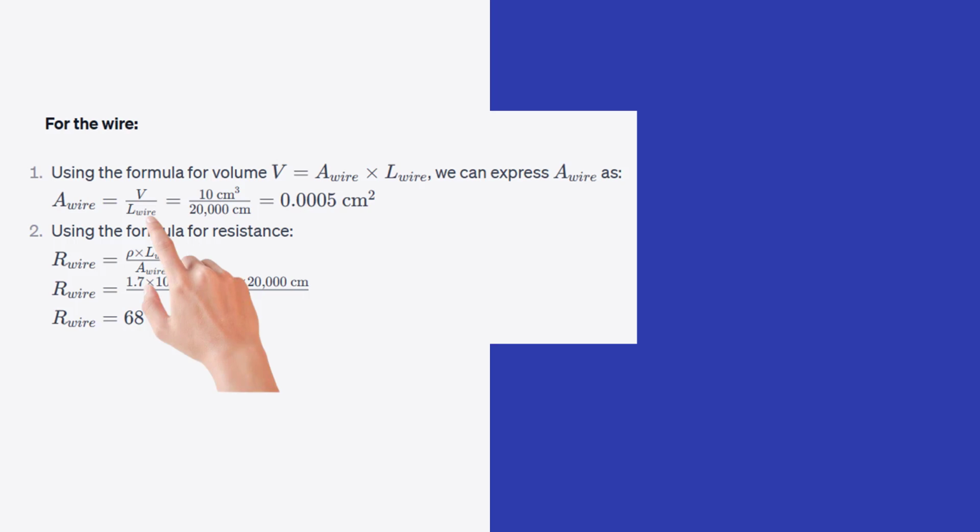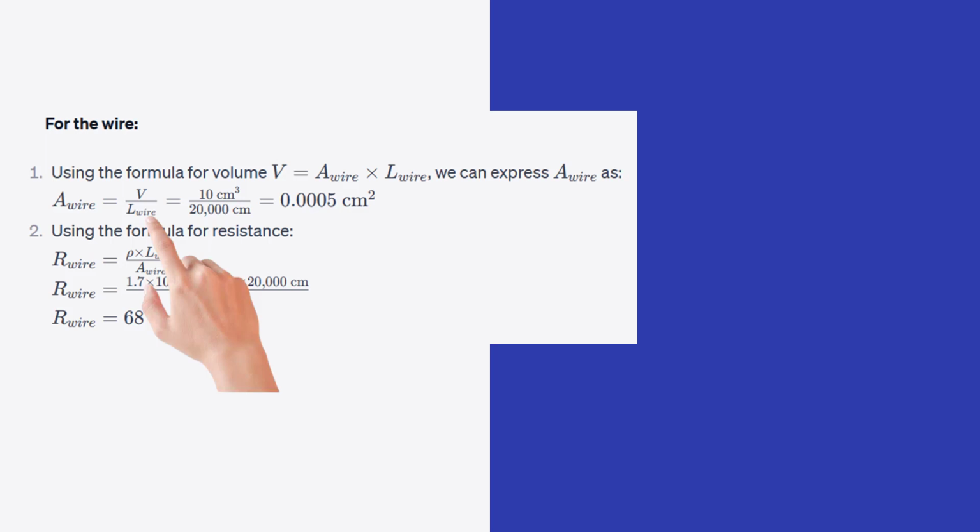Using the given data and the formula, we can determine the cross-sectional area of the wire. We know that the cross-sectional area of the wire equals volume divided by length of the wire.